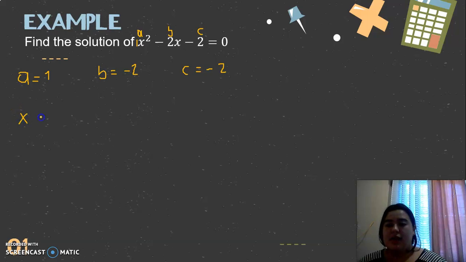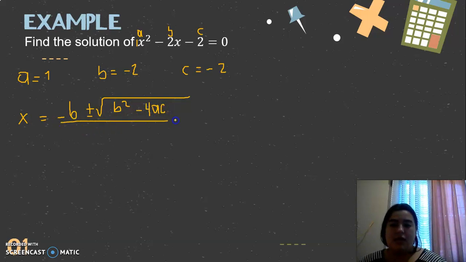The general formula is x equals negative b, plus or minus the square root of b squared minus 4 times a times c, all divided by 2a. The quadratic formula always stays the same, it doesn't change.